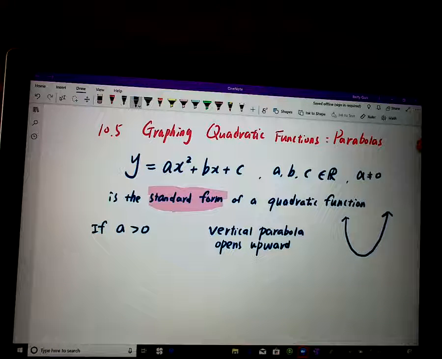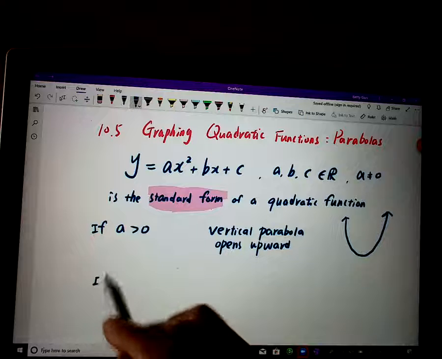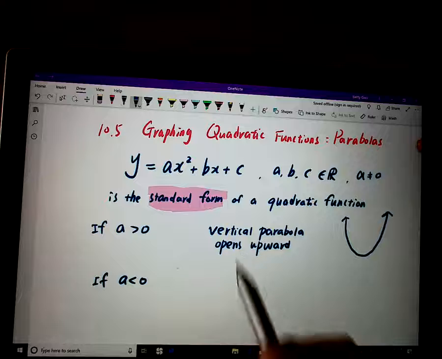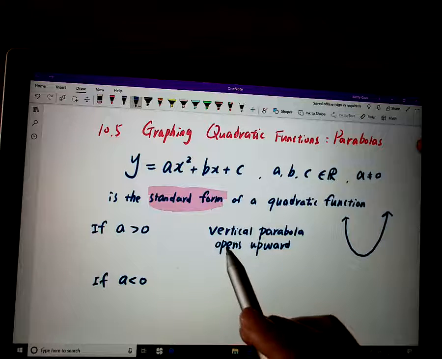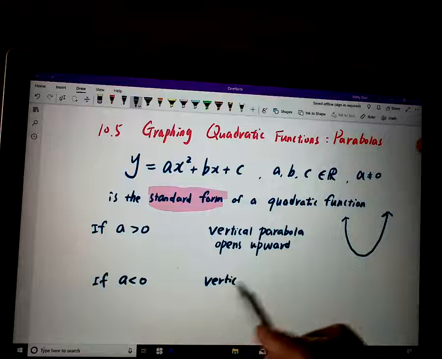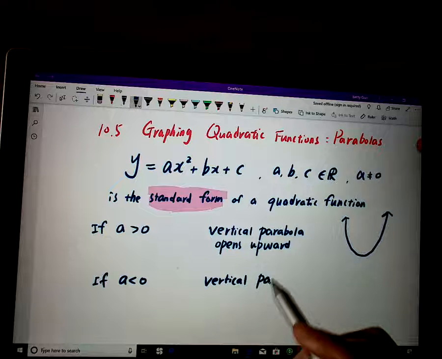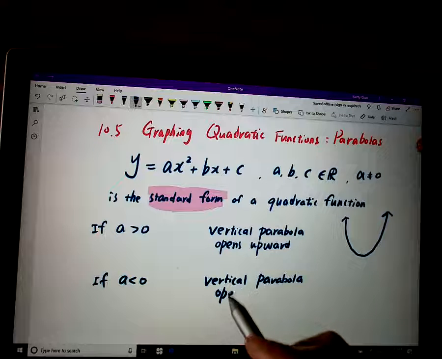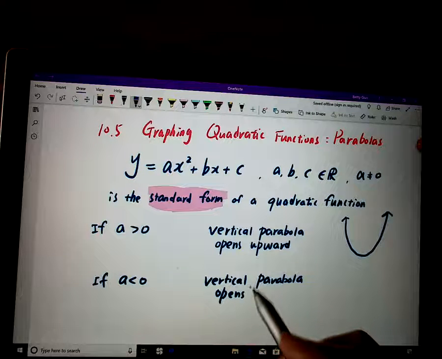And if the leading coefficient is negative, then the graph of the quadratic function is a vertical parabola that opens down or opens downward.